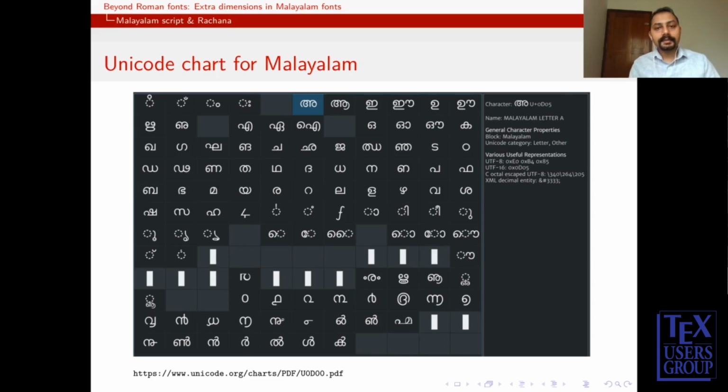Those conjuncts are actually implemented in the font, which follows the OpenType specification for getting the proper shaping of the characters.